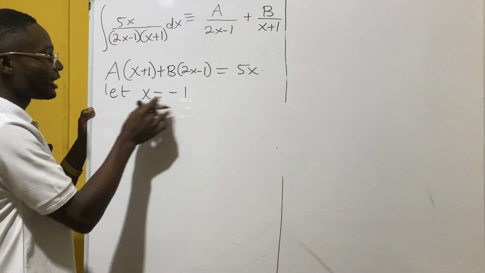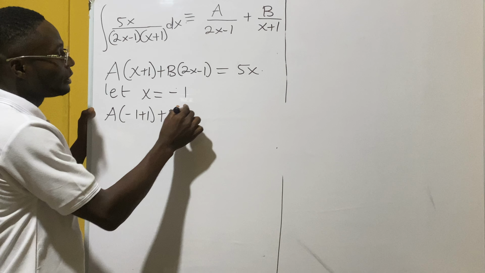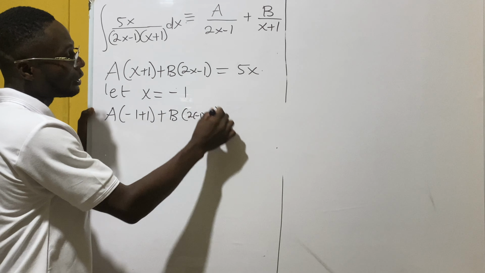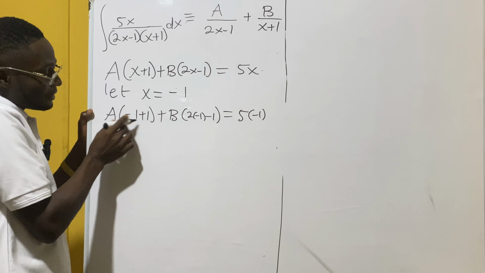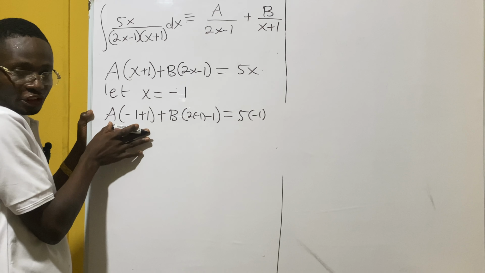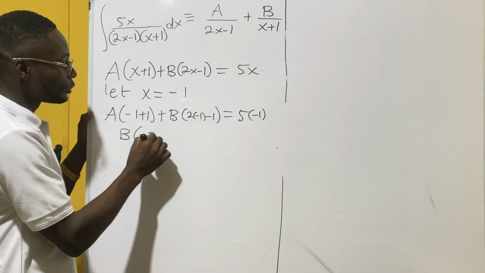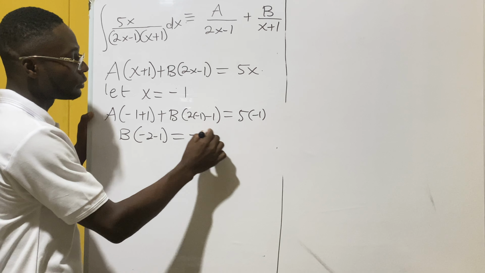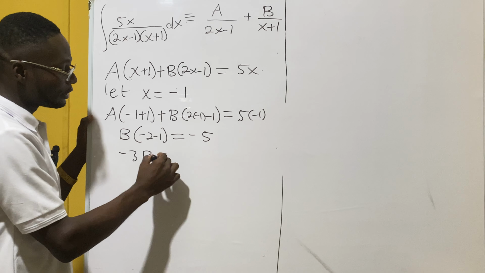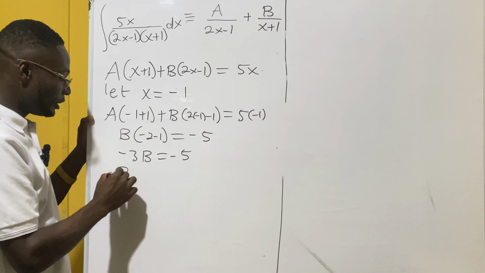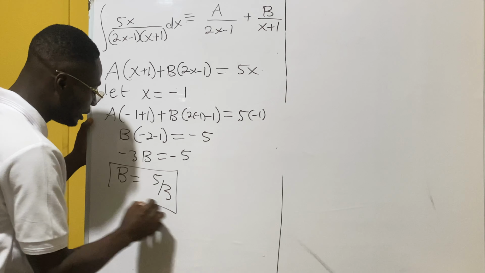If x equals -1, then we have A into -1 plus 1 plus B into 2 into -1 minus 1, equal to 5 into -1. This clearly shows that the A section goes to 0. So we have B into -2 minus 1 equal to -5, so -3B is equal to -5, and we have B equal to 5 on 3. So we have the value of B.